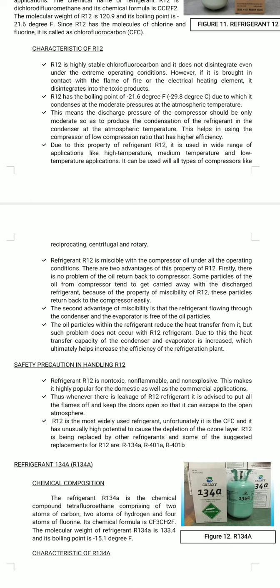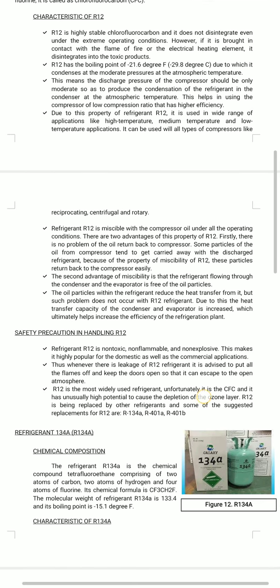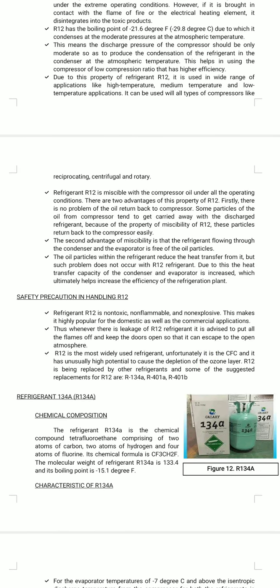This means the discharge pressure of the compressor should be moderate so as to produce the condensation of the refrigerant in the condenser at the atmospheric temperature. This helps in using a compressor of low compression ratio that has higher efficiency.